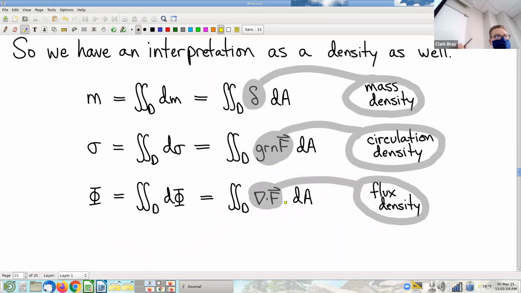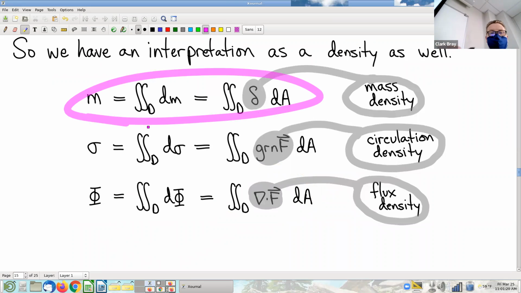And now just to put it into context, let me remind you, we have this formula for computing masses, and the integrand, we call it mass density because it literally tells you mass per unit, little bit of mass per little bit of area as it accumulates.